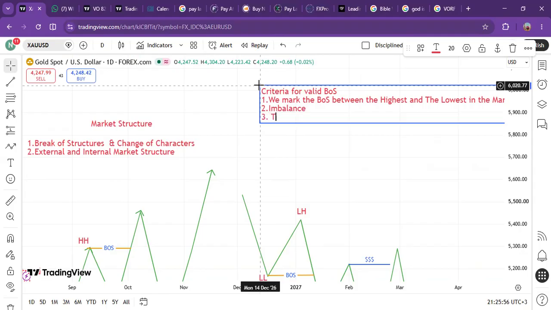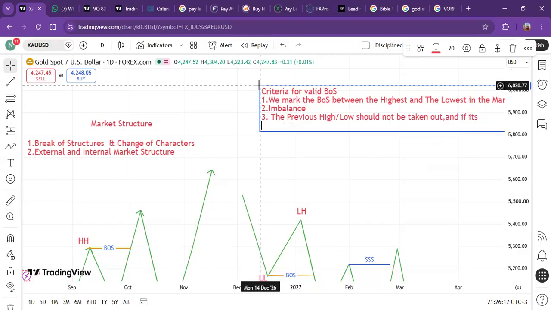Point number 3, the previous high or low should not be taken out, and if it's taken out, you have two things that can happen, which I said can be a change of character or liquidity sweep.